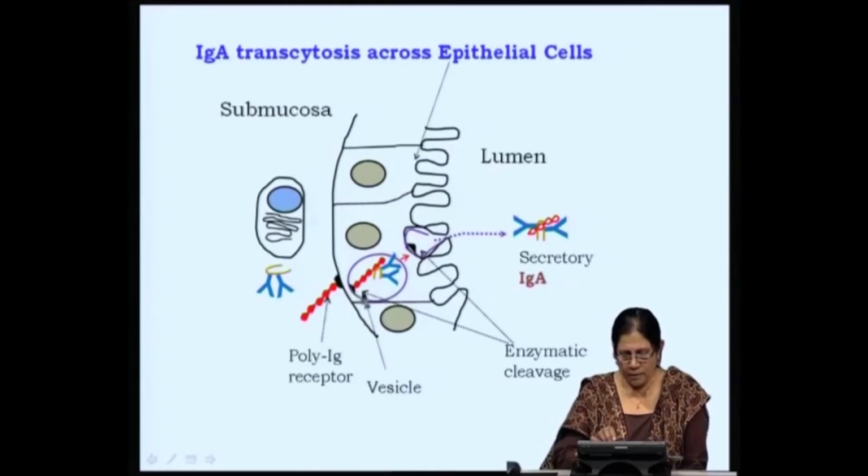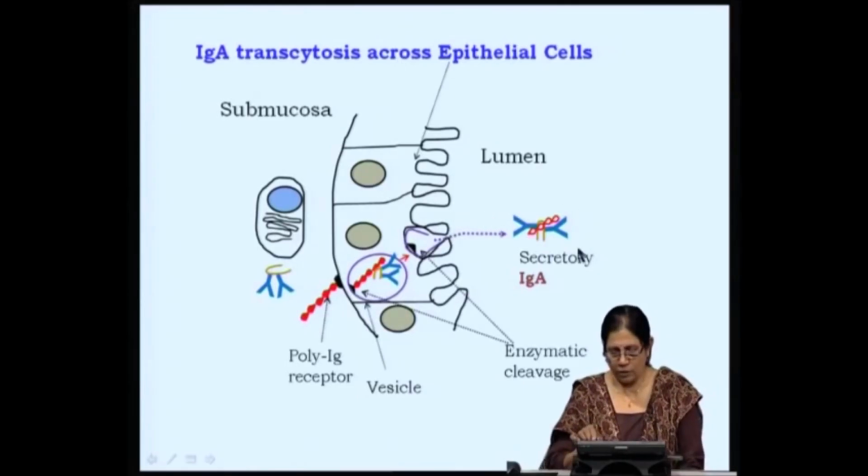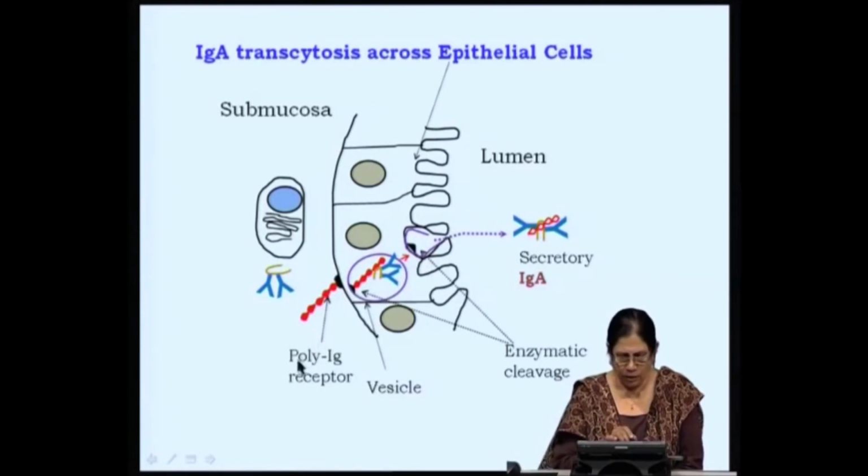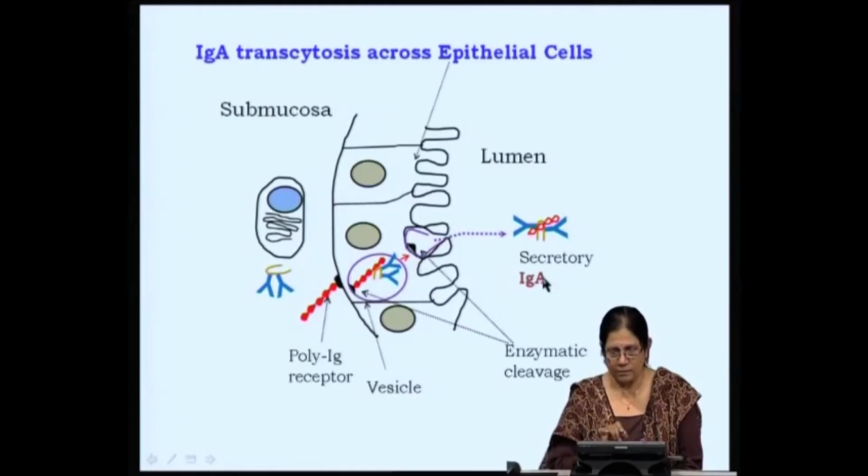Now, this complex through receptor mediated exocytosis is thrown out, and you have now this dimer of IgA, which has the J chain and the secretory component. The same polyimmunoglobulin receptor on wrapping itself around the dimer is known as secretory IgA.